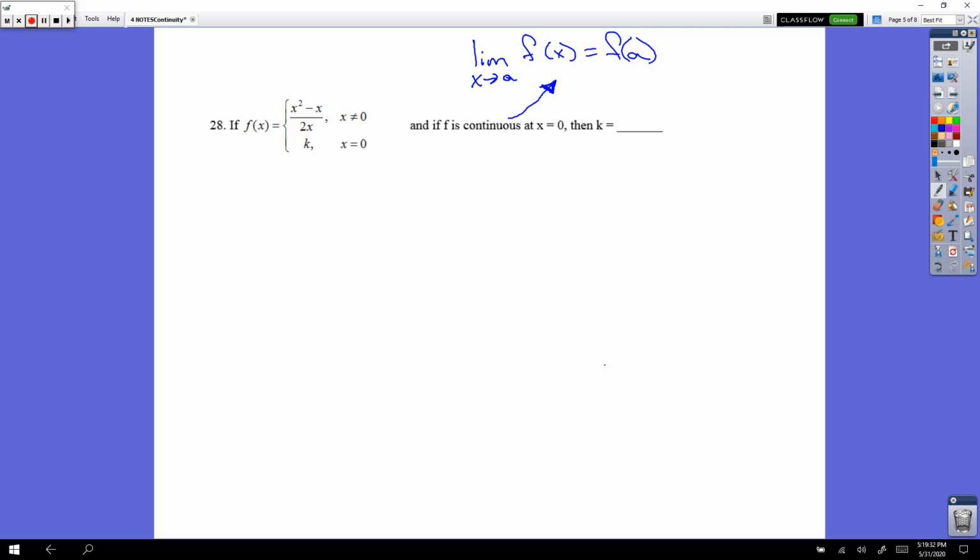What I'm trying to do here is make the limit as x approaches 0 of f(x) equal f(0). So f(x) is (x squared minus x) divided by 2x.